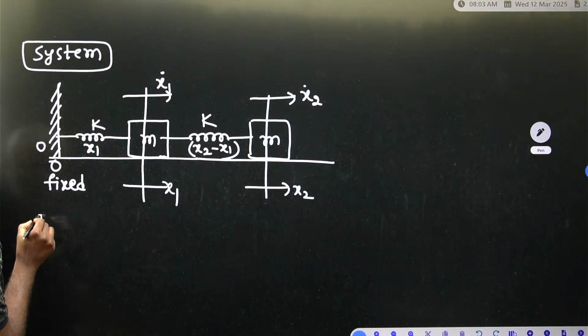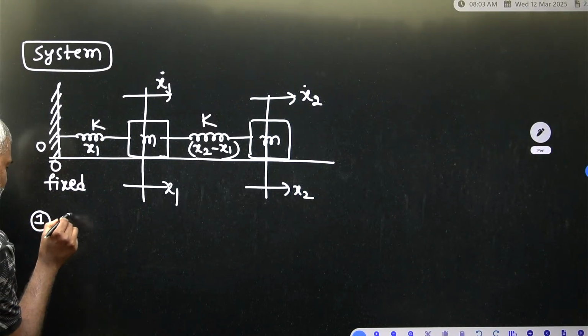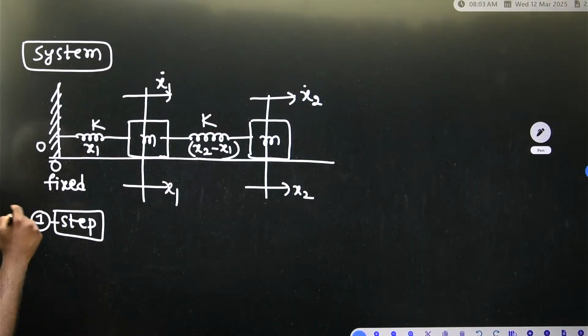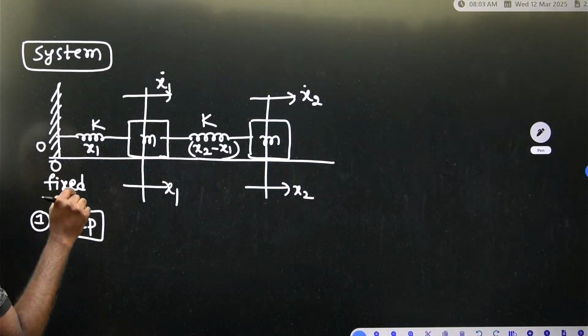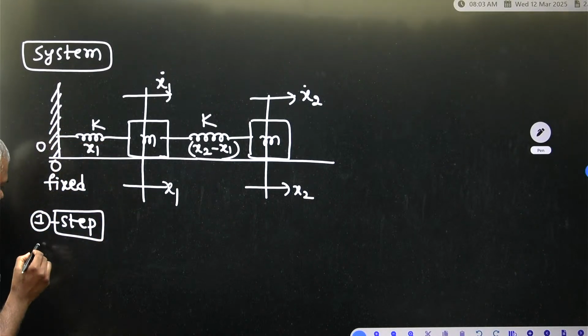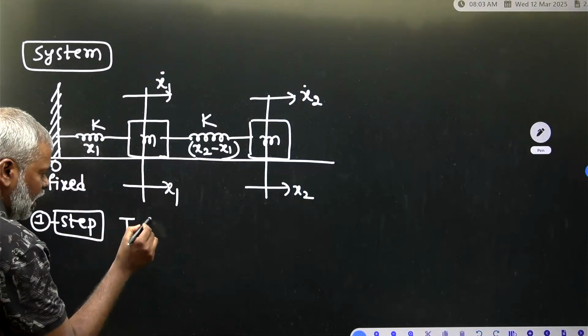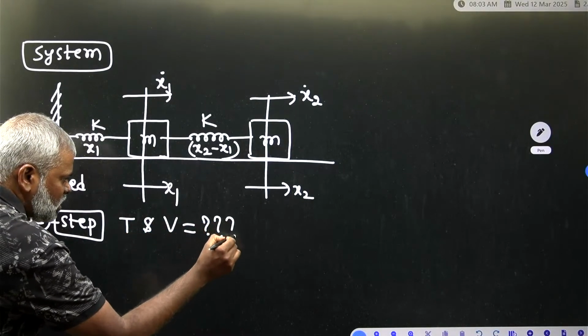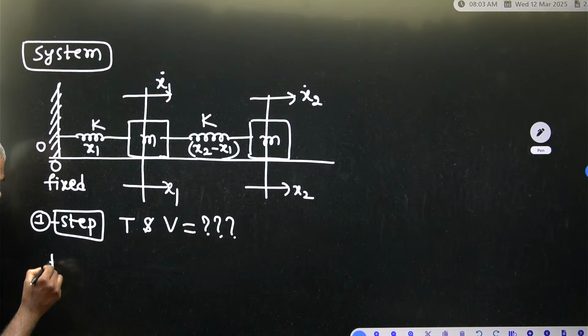The first step for this problem is to write the kinetic energy and potential energy corresponding to the system. How do we write the kinetic energy?